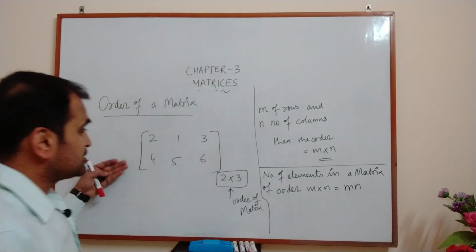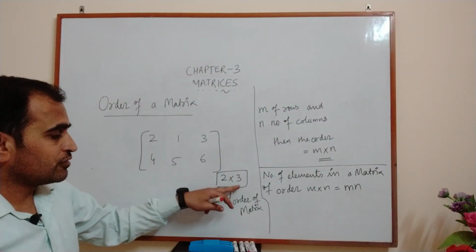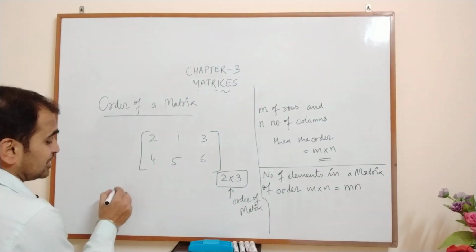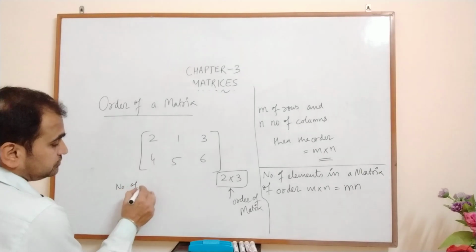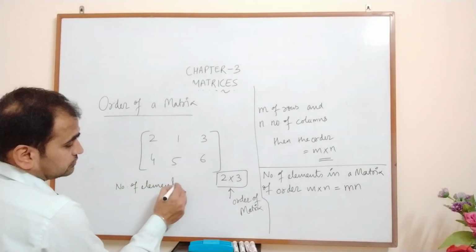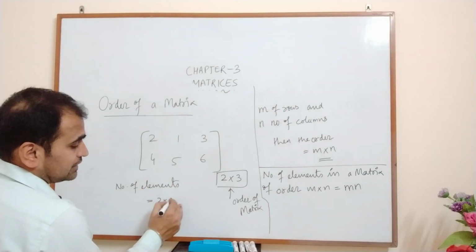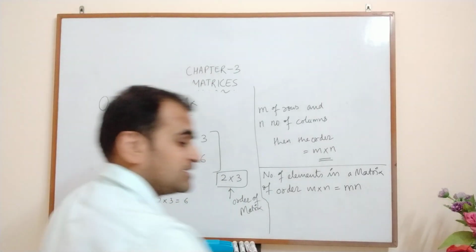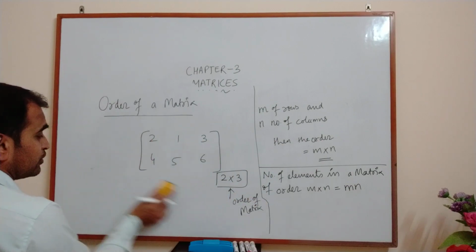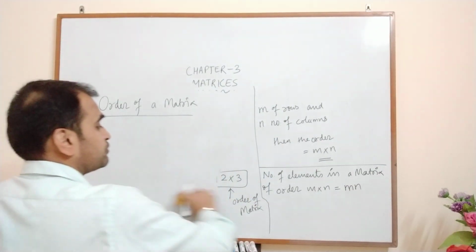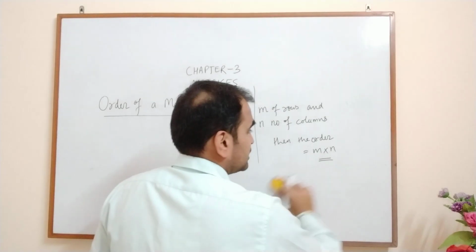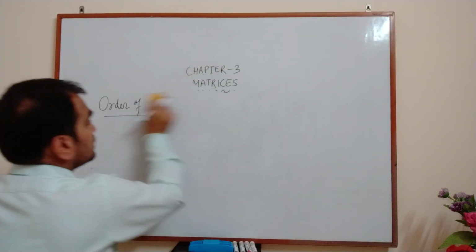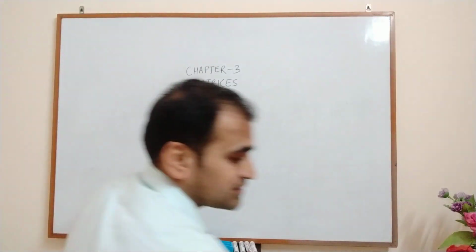For example, this matrix has 2 rows and 3 columns, so the order is 2 cross 3. So the number of elements is equal to 2 into 3, that is 6. So there are 6 elements. Fine, so it is very easy. If we know the order of the matrix, we can simply tell the number of elements in the matrix.